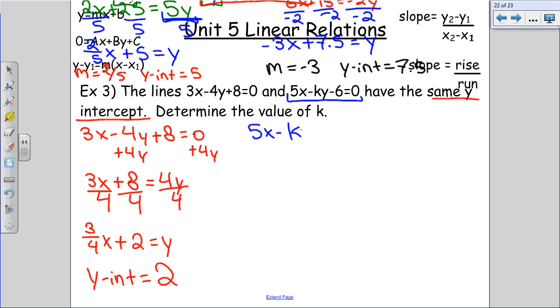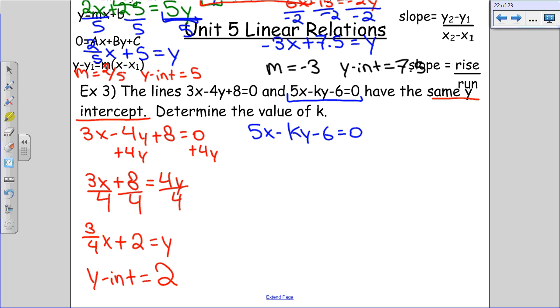To figure out the y-intercept, we get into slope-intercept form. That means to get y by itself. Right now, I have negative ky with everything else. I want to move it to the other side. How have I been moving everything else? You look at this one over here, and this had negative 4y.